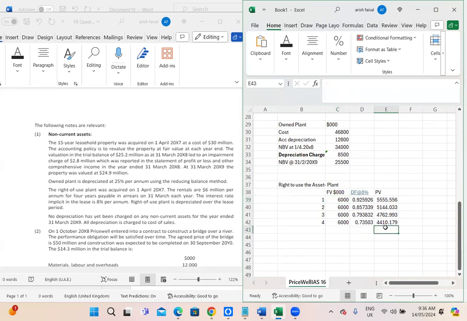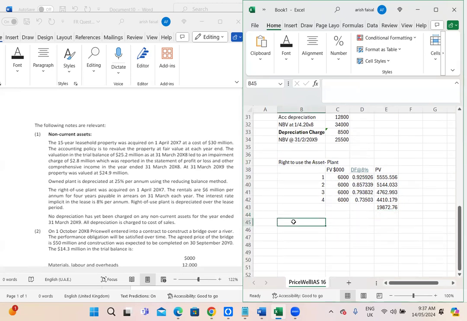Okay. So now the total value over here would be 19872. That's the opening balance of your liability.